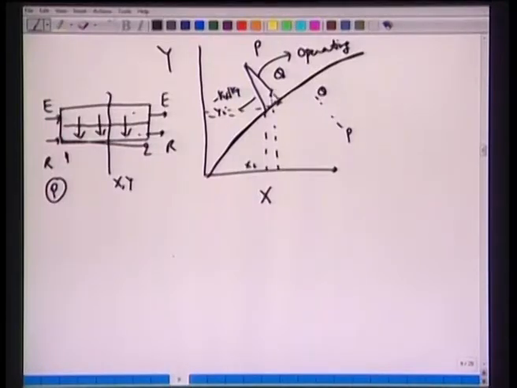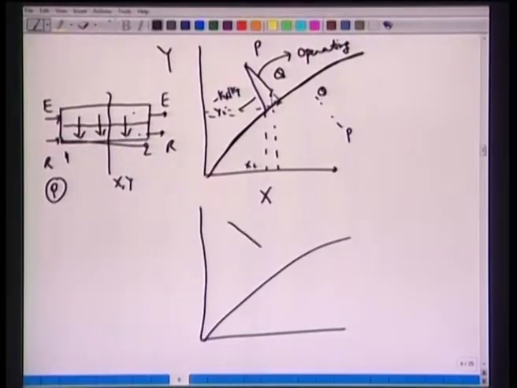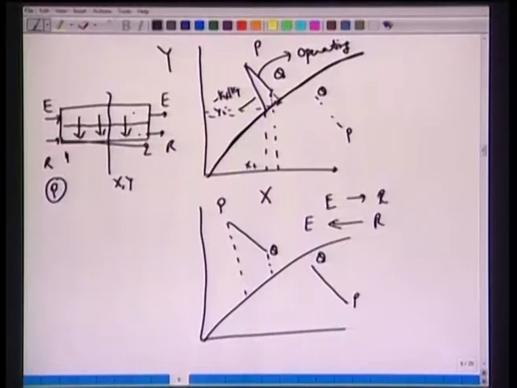All right. So the idea is that we have one equilibrium curve, and we have the operating curves like this, depending upon whether we have mass transfer from the E phase to the R phase, or from the R phase to the E phase, P, Q, and we have P and Q. We can draw these slopes of constant minus kx over ky.